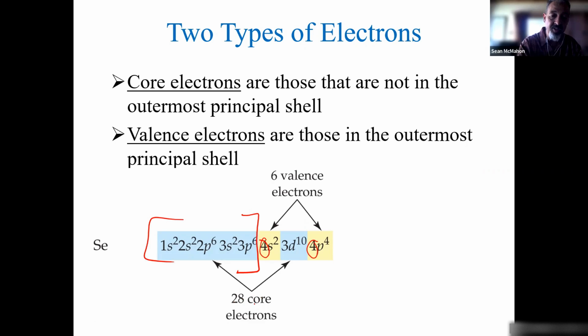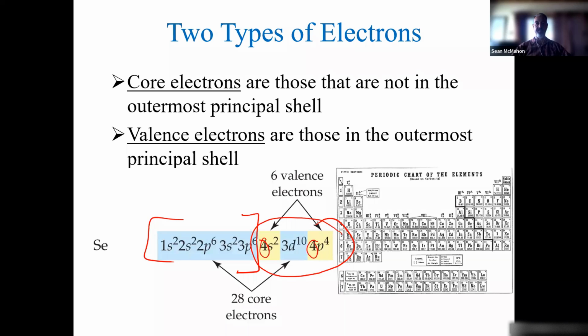I still include, I know right here the arrow, I still include that 3d as part of the valence electrons because it's still in that same row as period 4. Okay. So if I look, where's selenium? It's right here. It's in the 4th energy level, in the P block, in the 1, 2, 3, 4th position, so 4p4.